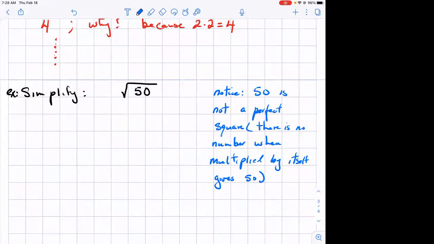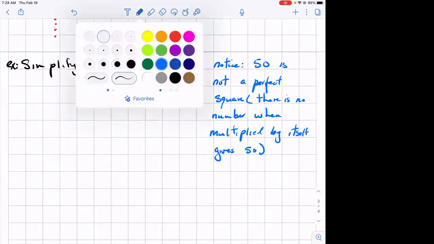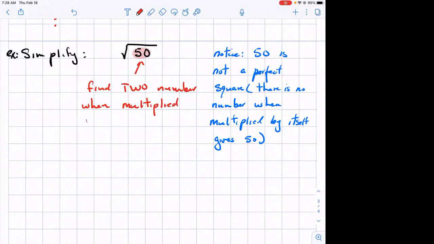So what are the factors of 50? We want to look and see what two numbers... So we're looking to find two numbers that, when multiplied, give 50.